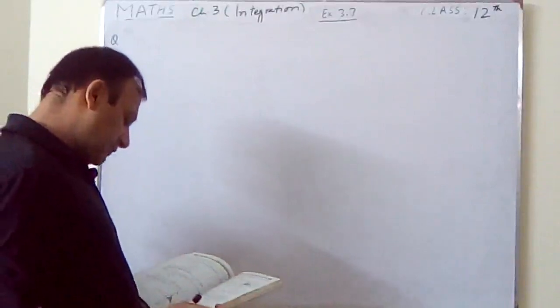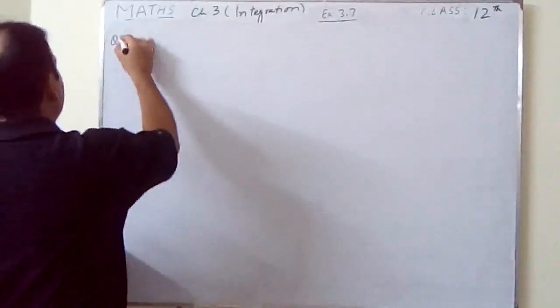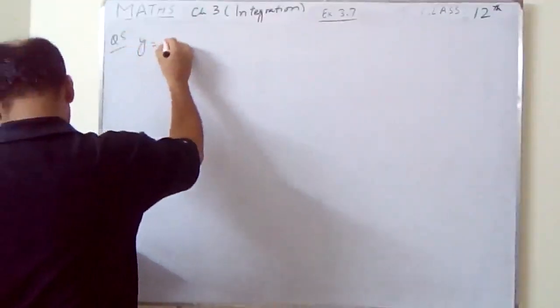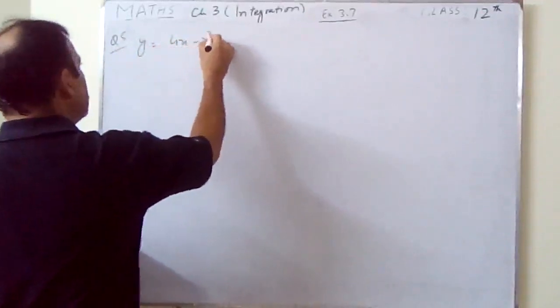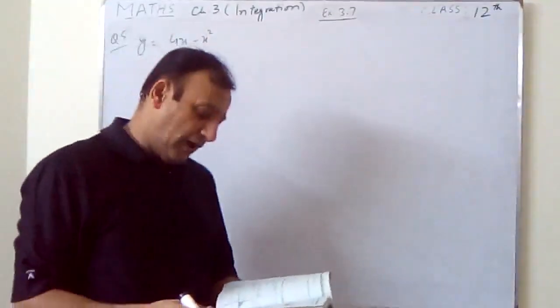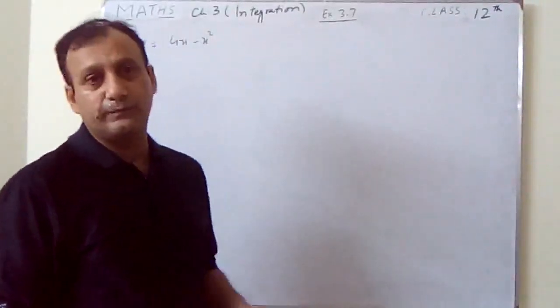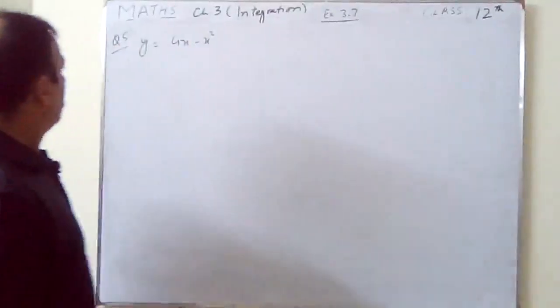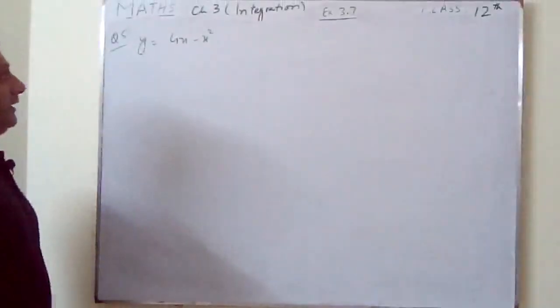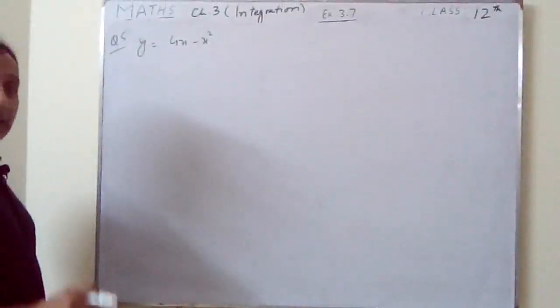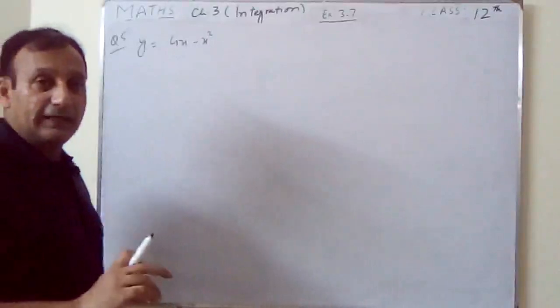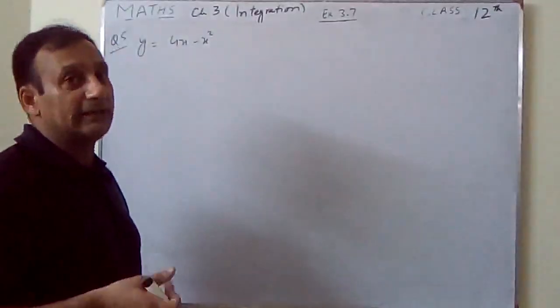I try to solve question number 5. Y is equal to 4x minus x square. It is given: find the area between the x-axis and the curve. The interval is not given, but the question says find the area between the x-axis and the curve.